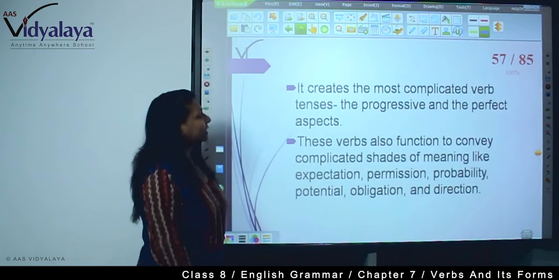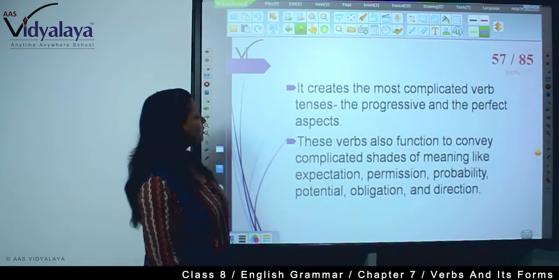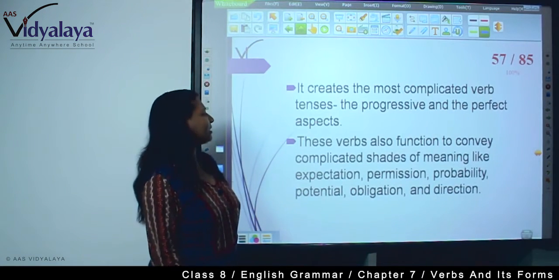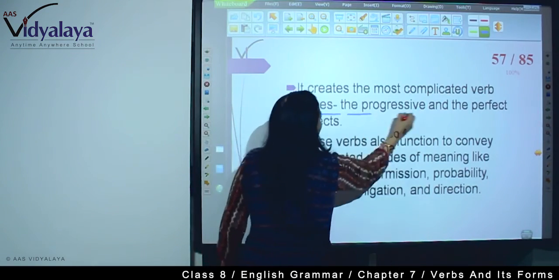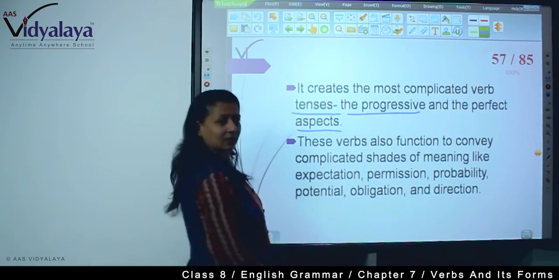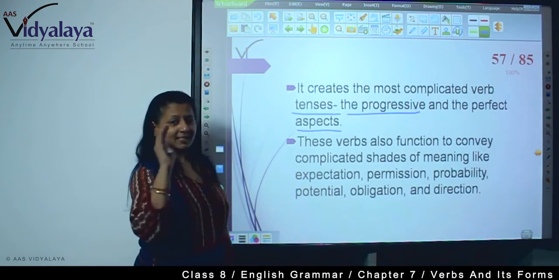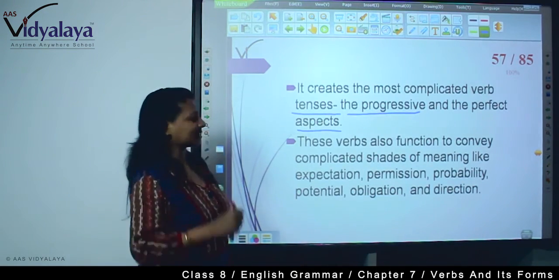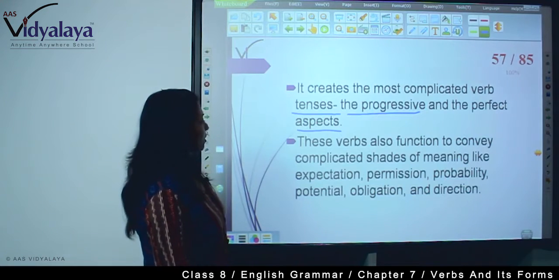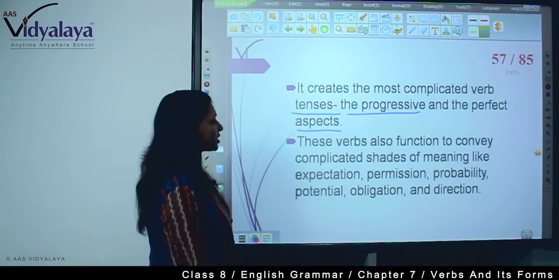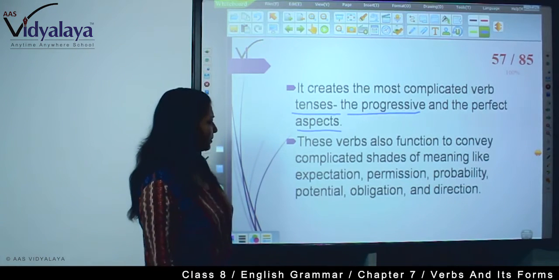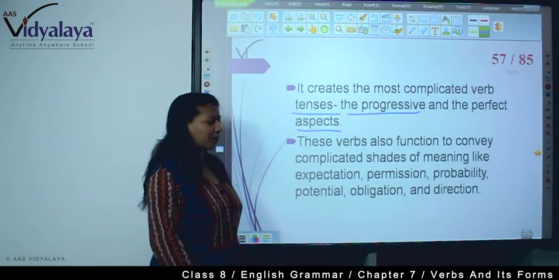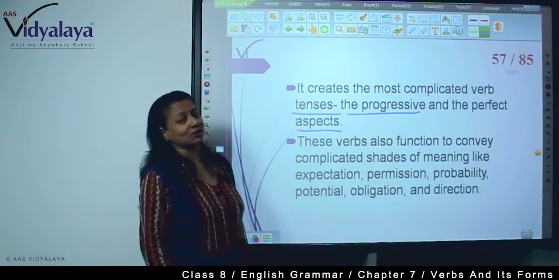Now, next. It creates the most complicated verb tenses, the progressive and the perfect aspect. So you can understand whether the tense is progressive or perfect. So you can understand with the auxiliary verb which tense is there. These verbs also function to convey complicated shades of meaning like expectations, permission, probability, potential, obligation and direction.